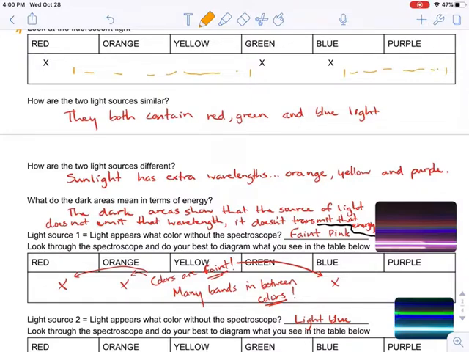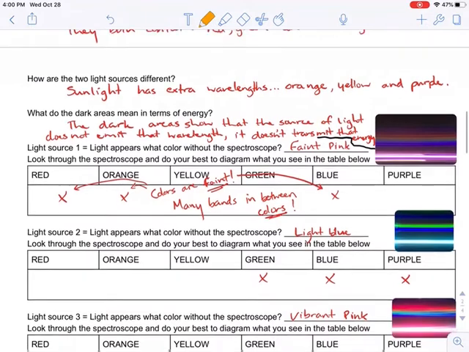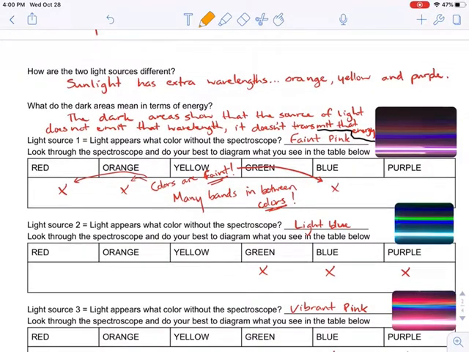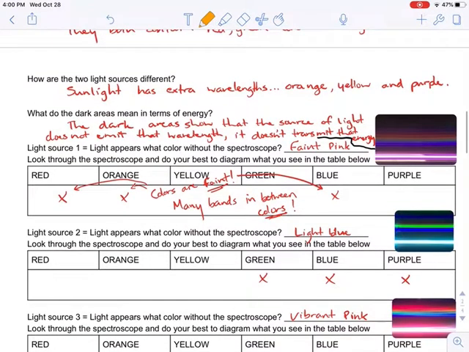After that, we looked at three different light sources. We called them light source 1, light source 2, and light source 3. Some classes had more time than others for this, and to make this equitable for everybody, I put 3 images on your agenda.